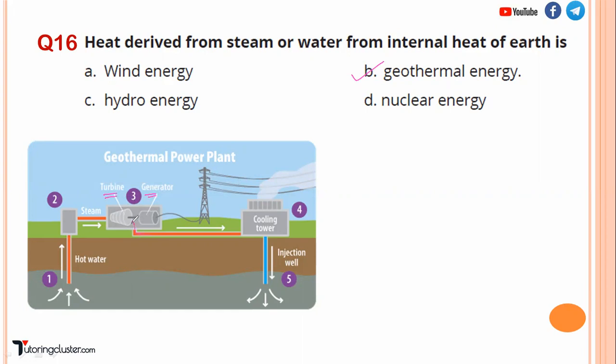Water is again sent into the earth crust through the cooling water. In the cooling water, the steam gets cooled, converted into water, which is again rejected into the earth crust. So this is the overall setup of a geothermal power plant.